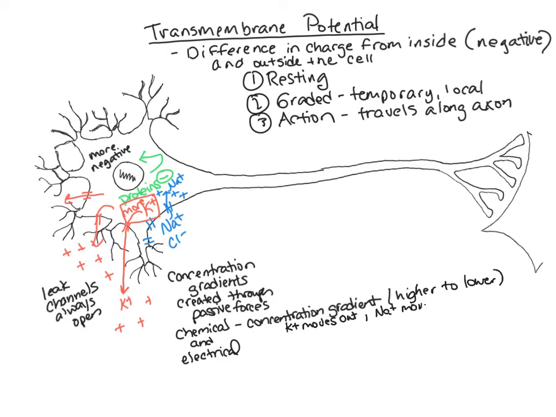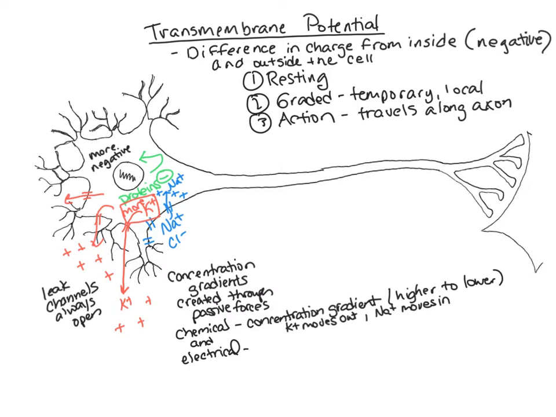But there's also an electrical gradient as well as this chemical gradient. Because the cell membrane is more permeable to potassium than it is to sodium, the potassium leaves the cell faster than sodium enters the cell.